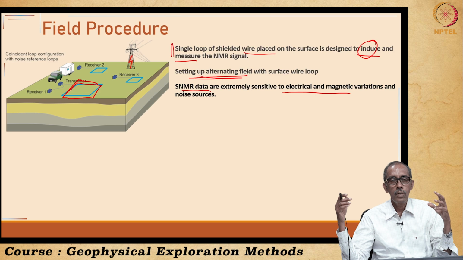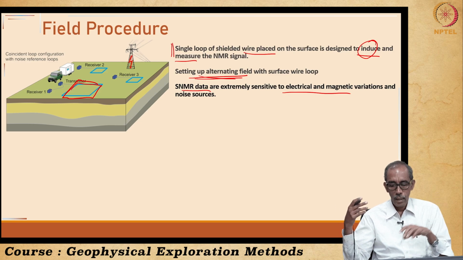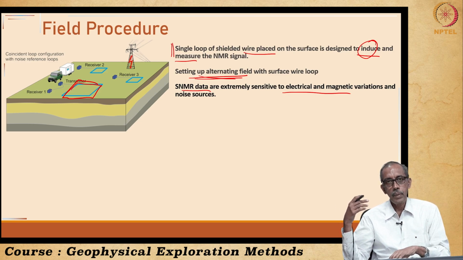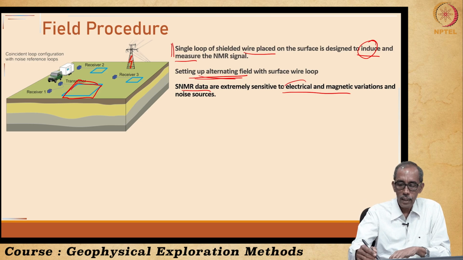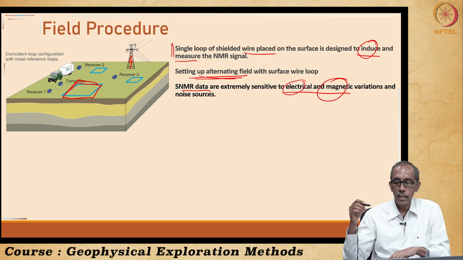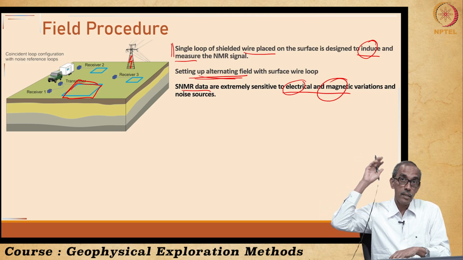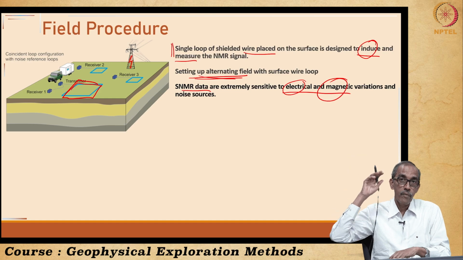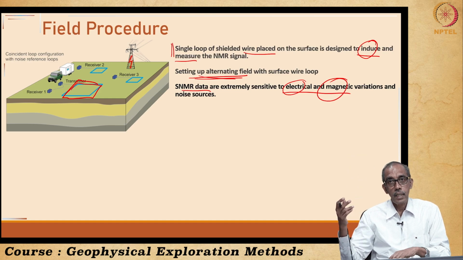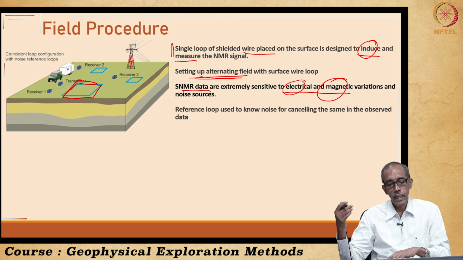So, that is why I am saying the NMR data is very sensitive to electrical as well as magnetic variations, and noise sources. Some of the noise sources are a nearby railway line, nearby road or high tension transmission line very close to our field investigation, all of them will cause some noise in the data.